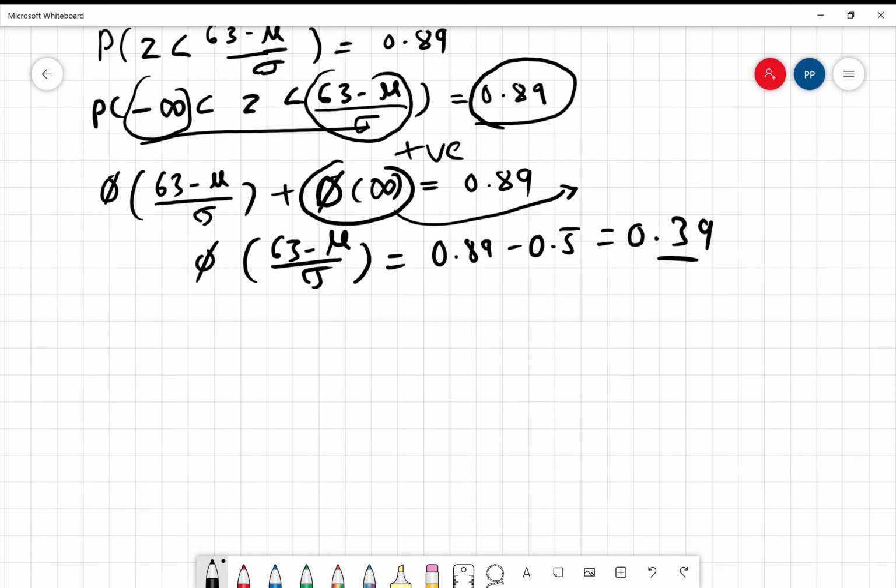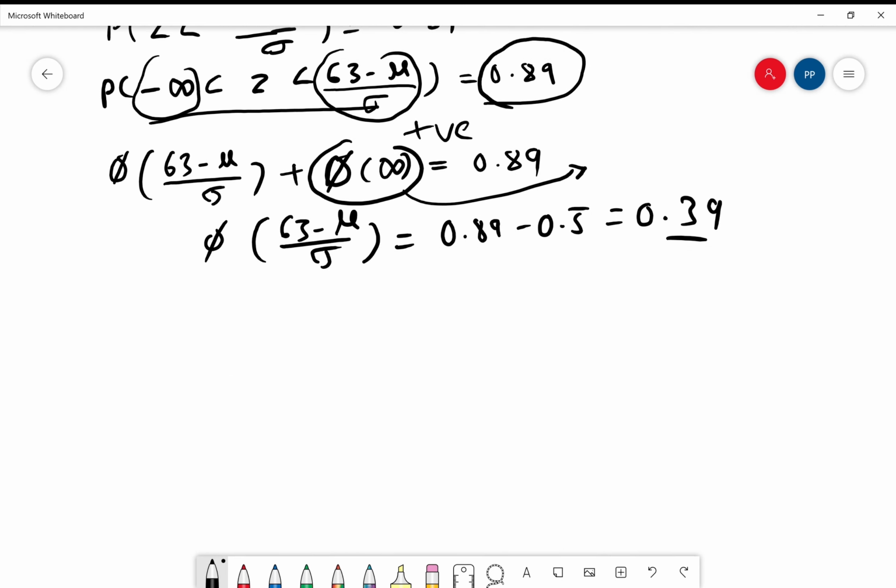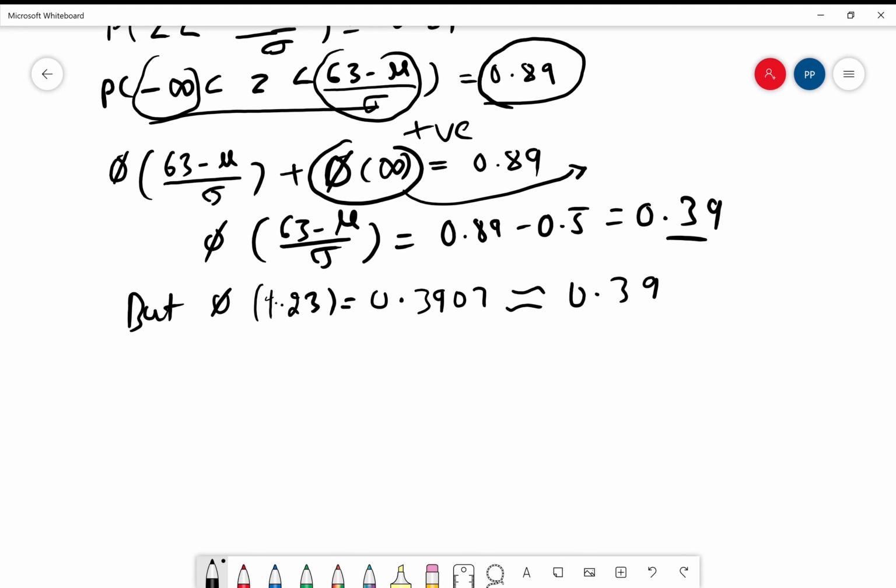Now from the table, we are getting that phi or A of 1.23 equals 0.3907, which is nearly equal to 0.39. Therefore, I have to replace this by 1.23.